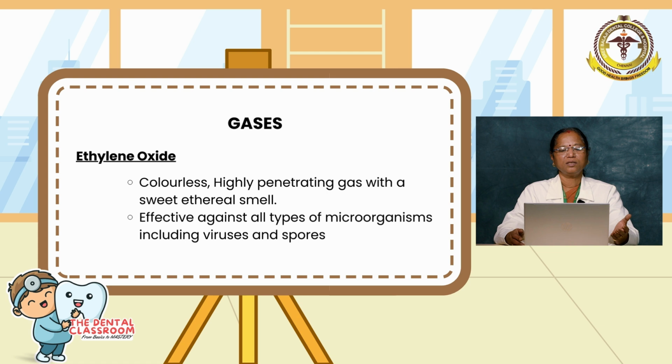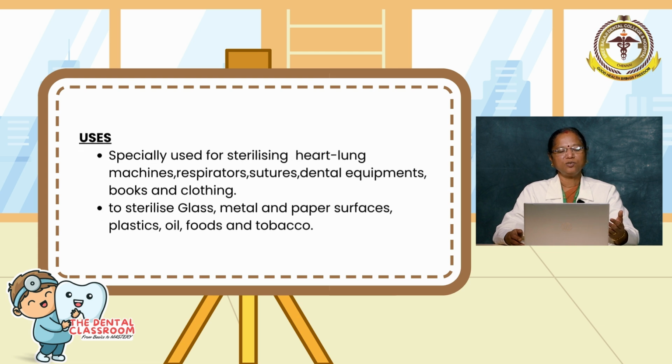Mainly ethylene oxide is used for sterilizing heart-lung machines, respirators, sutures, dental equipment, books, and even clothing. It is also used to sterilize glass, metal, paper surfaces, plastics, oil, food and tobacco.